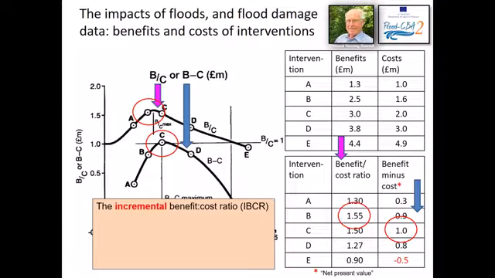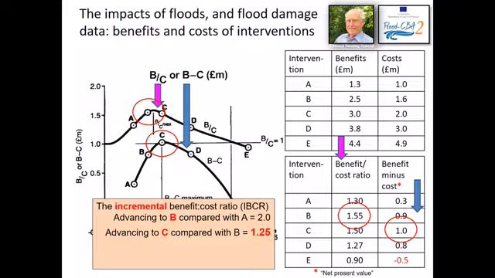Another way of looking at it is to look at the incremental benefit-cost ratio. And that is the ratio between B and A. If we decide that we're not happy with Scheme A, we can proceed to Scheme B. And proceeding to Scheme B involves more benefits than costs, and indeed the incremental benefit-cost ratio is 2.0.